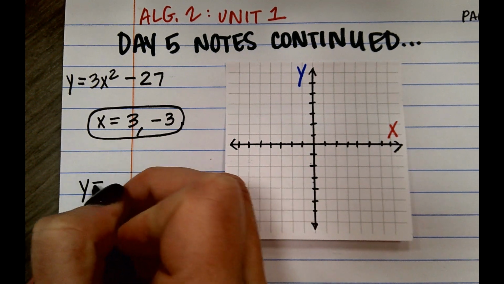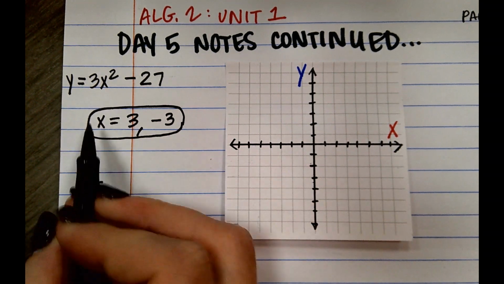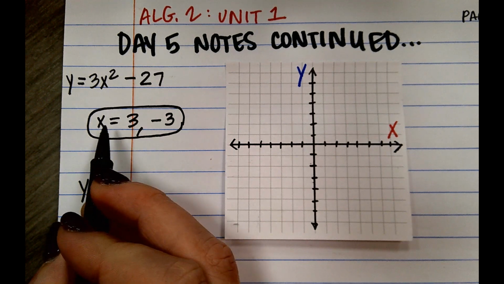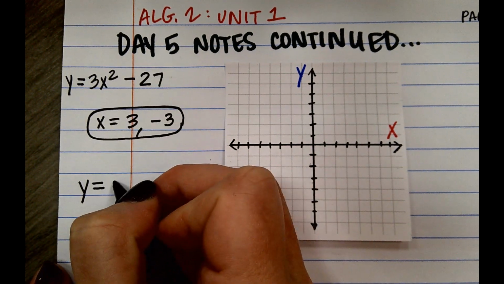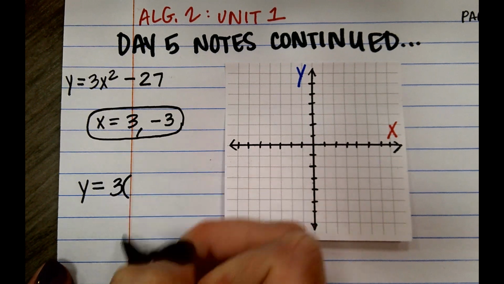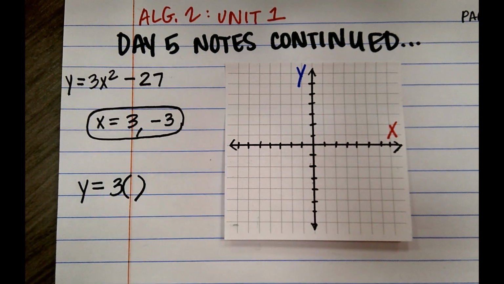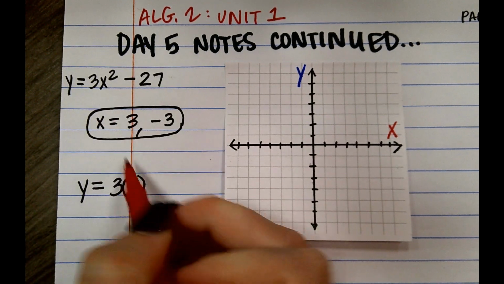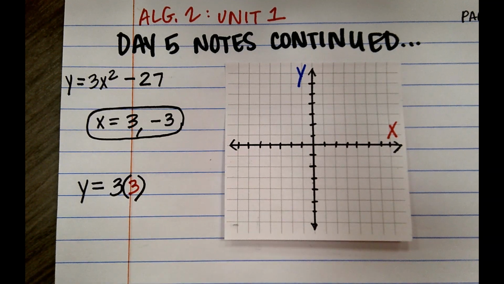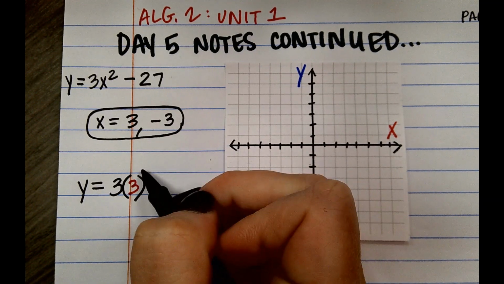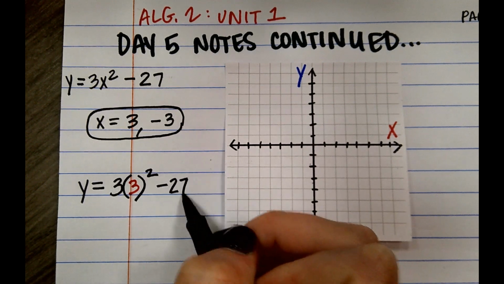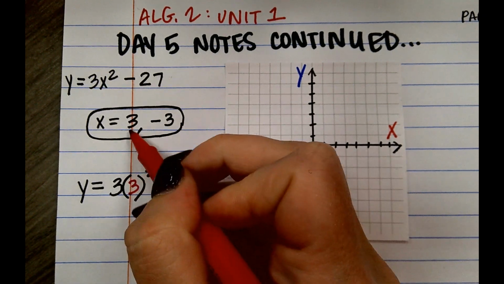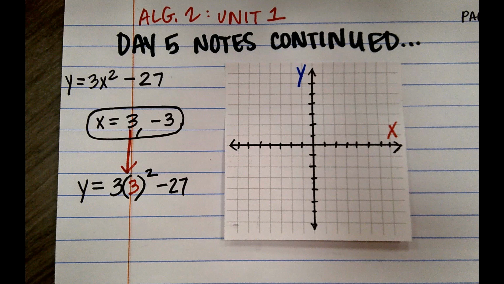Y equals, I'm going to rewrite the problem, but instead of writing x, I'm going to plug in the numbers. 3x squared. So, 3 times 3 squared minus 27. Okay.